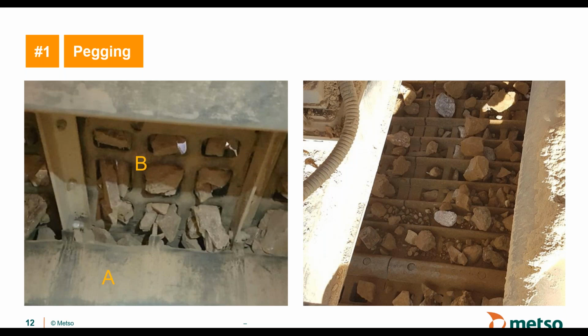And item B is the bottom of the screen cloth. So if you look at the clearance between the screen cloth and the crossbeam, that's again insufficient for this case. There's a lot of rocks that are, let's say, wedged between the screen panel and the crossbeam. And that's typically how it starts, and then you migrate backwards from there.